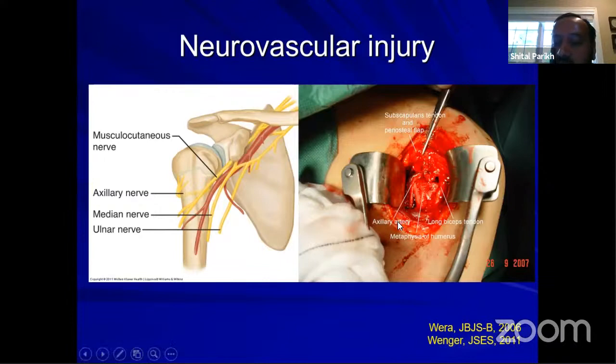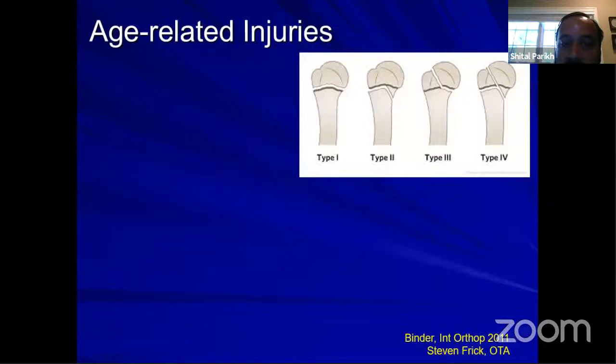You can see there is tenting of the axillary artery on this fragment here. There is the biceps tendon here, and the flap from the metaphysis is up here. You can see the type of injury once the reduction is done, but you have to be careful because there might be axillary artery injury with this kind of displacement.